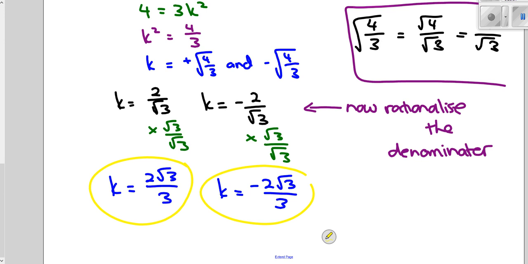And do you know why in maths generally you're not supposed to leave a surd in your denominator? Have you been explained that at all? It's kind of interesting, because really, what's wrong with that?